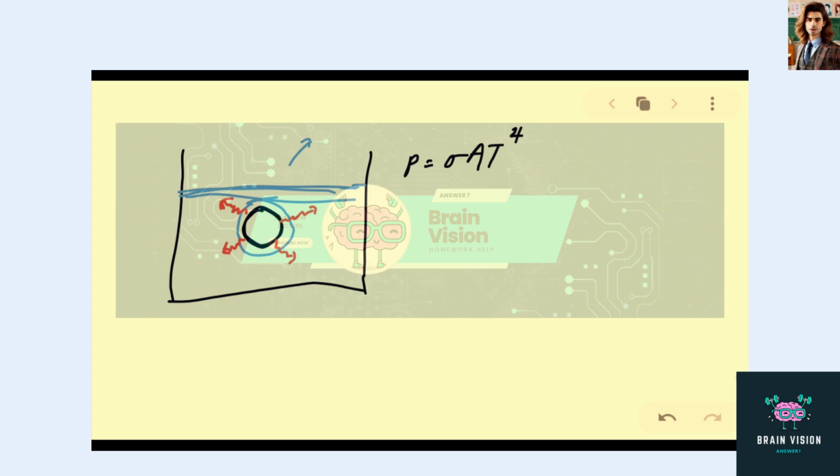Now the water itself gains this amount of energy from the sphere, but it also loses a certain amount of energy based on its own temperature. So this is the water's surface area and water's temperature.